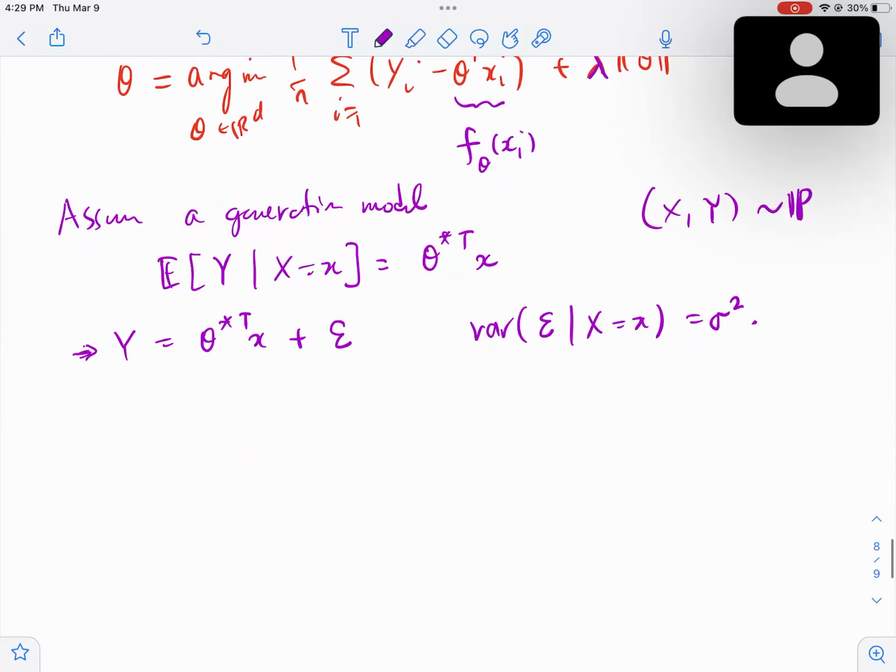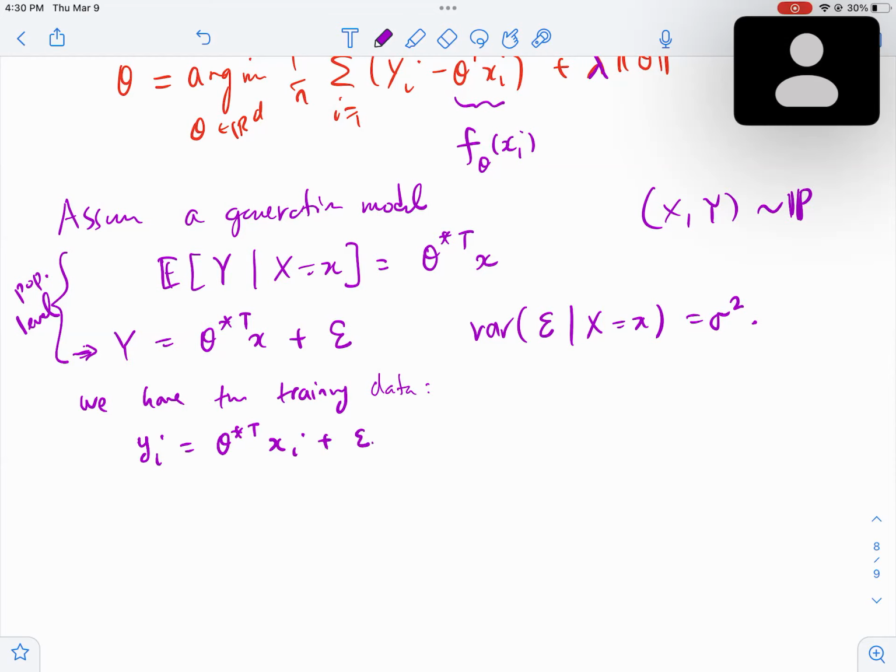So this is at the population level, like a single generic sample. So we have the training data, which is of the form from this model: yi equals theta star transpose xi plus epsilon i, where the variance of epsilon i given xi is just going to be sigma squared.